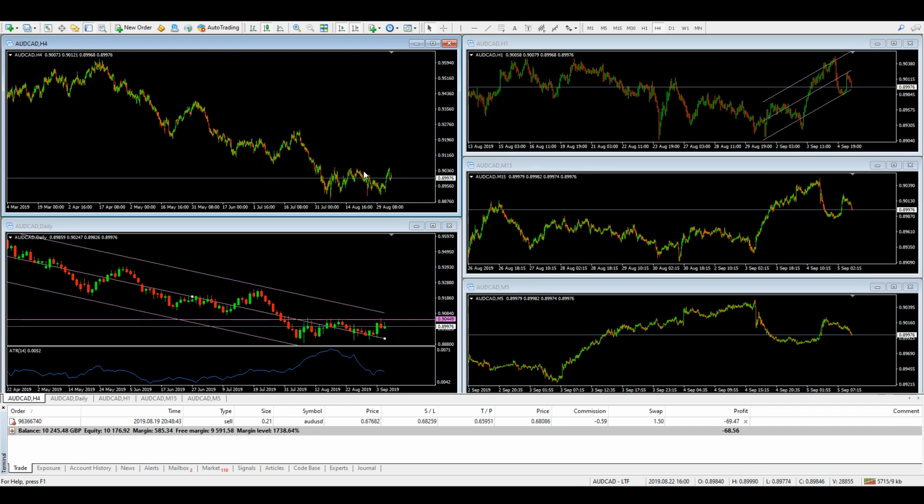We can see the 4 hourly here is quite flat in its most recent price action, quite boxy. So we've got these areas of support here, and above here the resistance.